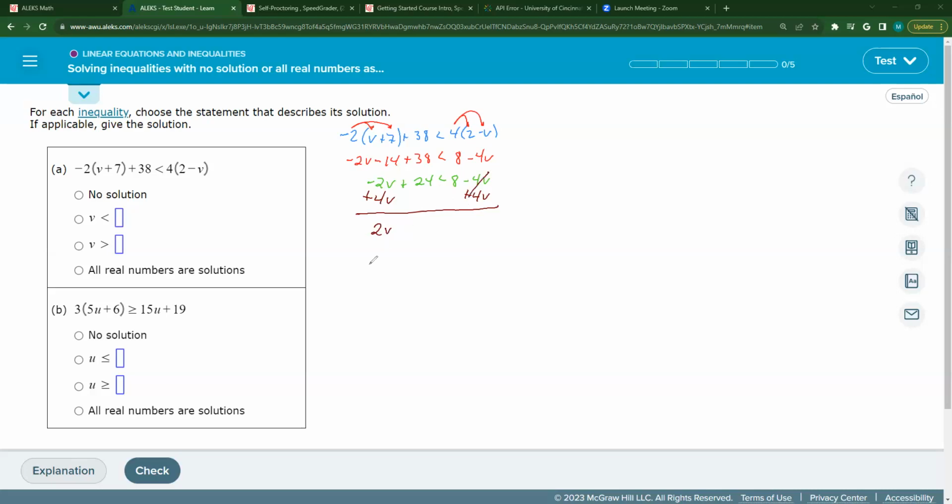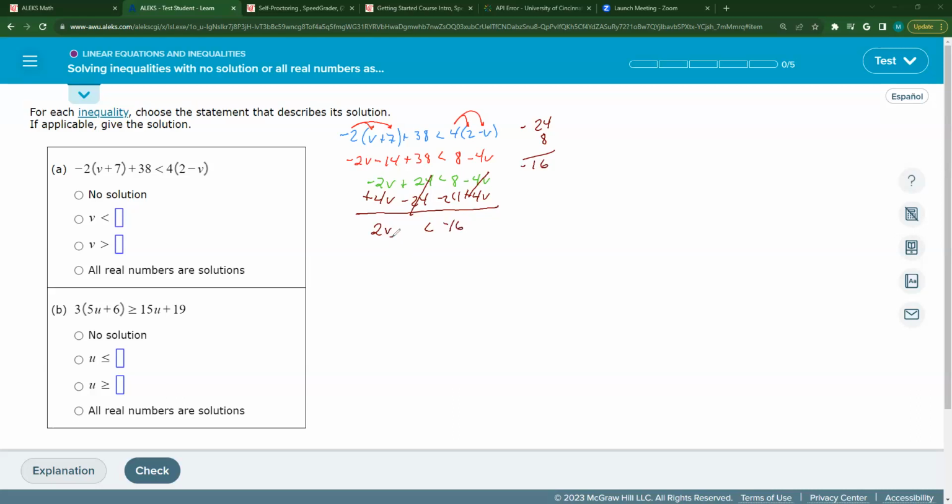Now, the side with the letter is what I want to get rid of. I do it in 2 steps, but in the work, it looks like I do it as 1. So I'm going to subtract 24 from both sides. I'm going to have that same inequality that I had, and 8 minus 24 is the same thing as 24 and 8. They're going to subtract because they're opposite signs. So this is 16, and it is a negative.